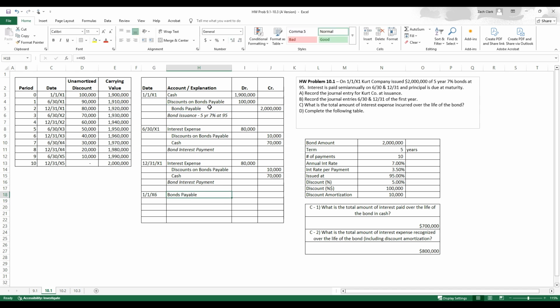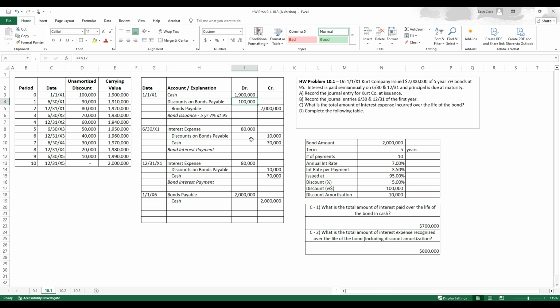We credited that liability to make it increase, but now 5 years later, it's time to repay this money to the bondholders, and we have to repay the 2 million. So we only got 1.9 million because of the discount, but we have to repay the full balance of the 2 million. So that's where that discount really comes into play.